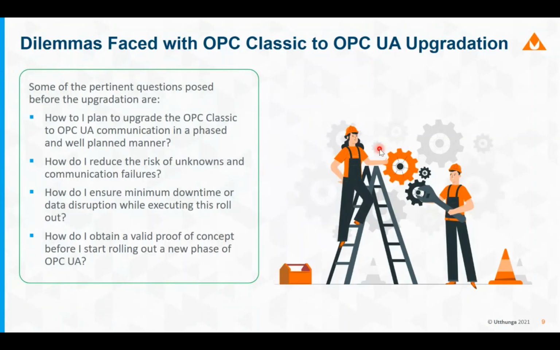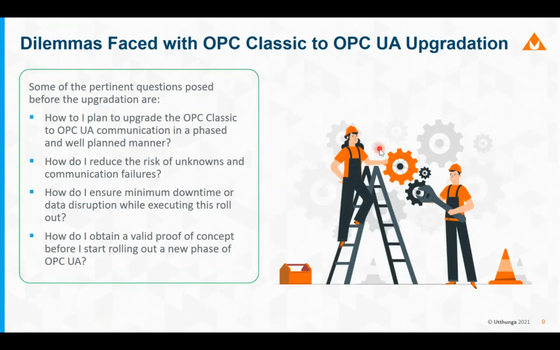Because you may lose the data from a well which is getting oil for you. You may not know what is going on in some remote wells, and sometimes it could be hundreds of wells, or tens of wells, because the server was pulling data from all those wells, right? So you need to be very, very cautious when you do this upgradation. And that's why you need to plan the upgrade in a phase-wise manner.